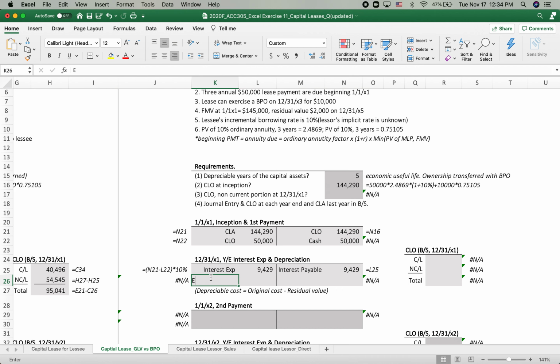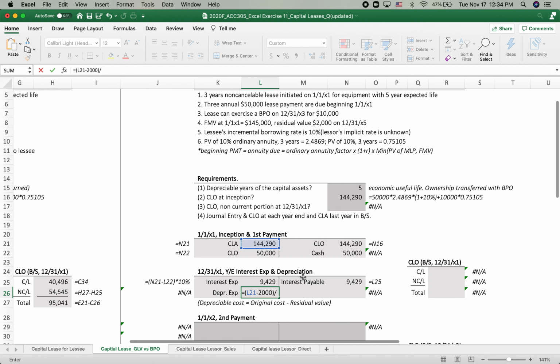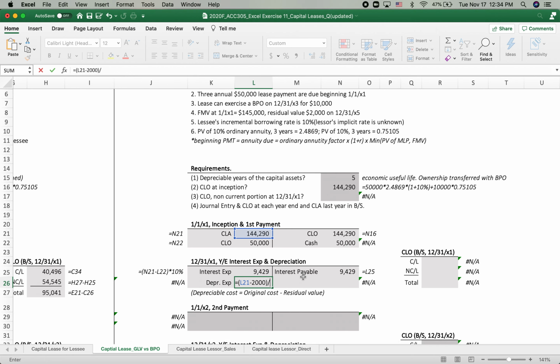And then depreciation expense. How do you calculate it? Okay, capital lease asset minus the residual value of $2,000. Then how many years? We do not use the lease term of 3 years because the lessee company will hold this asset.